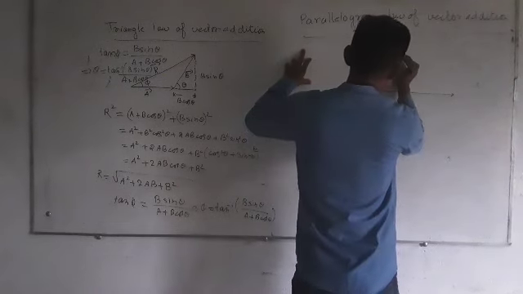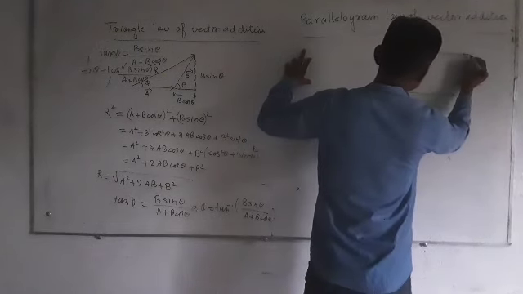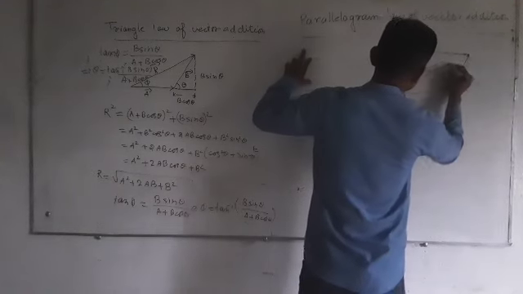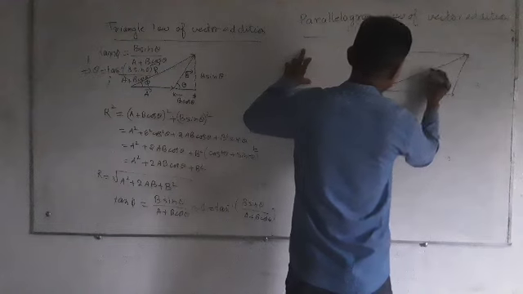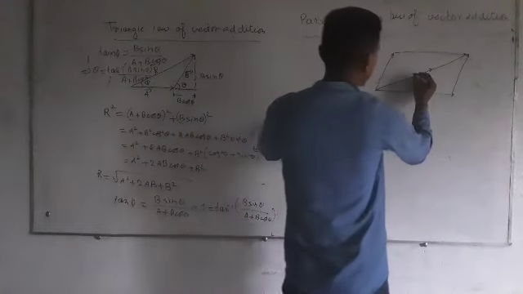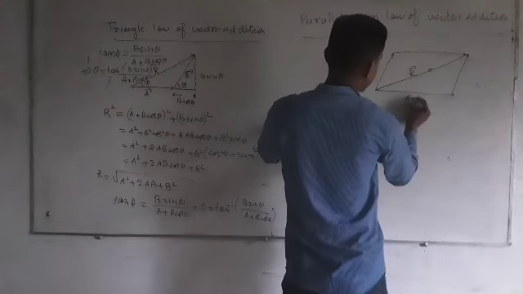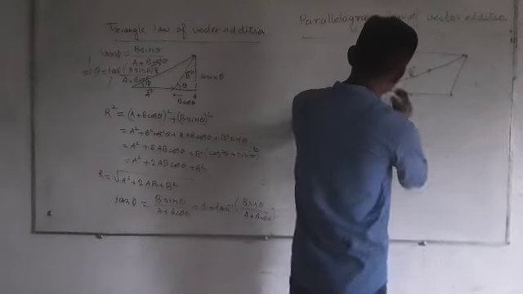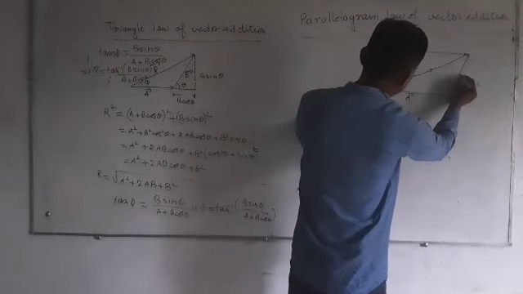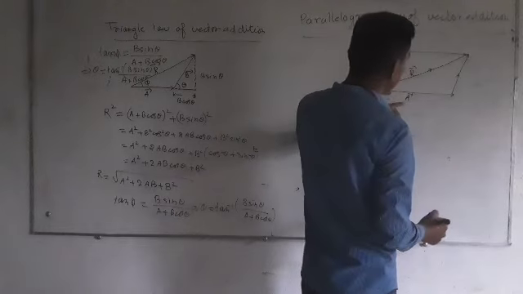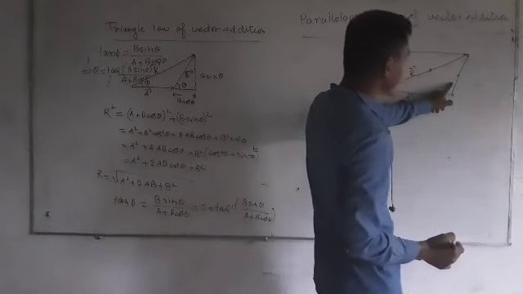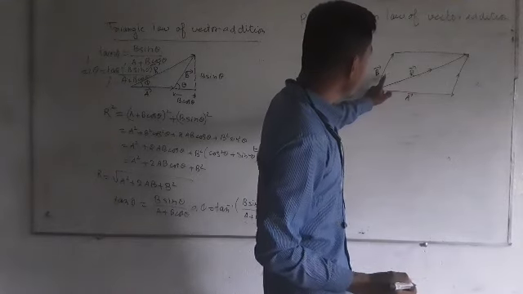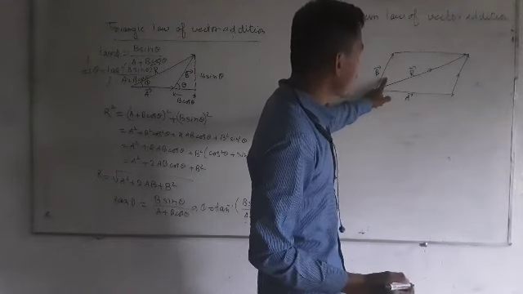That is, I complete this parallelogram and draw a diagonal vector from this common point, and this is the resultant vector of this A vector and B vector. This side is parallel to this side and they are of equal length, therefore they will have the same magnitude. We can conclude it from the property of a parallelogram.